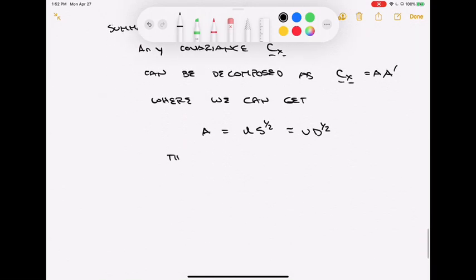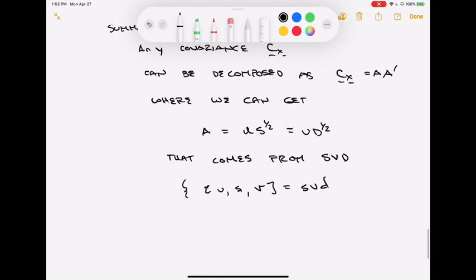That comes from a singular value decomposition. And we can think of that in Matlab as U, S, V being equal to the SVD of our CX. And then we would just take U times the square root of S, something along those lines.